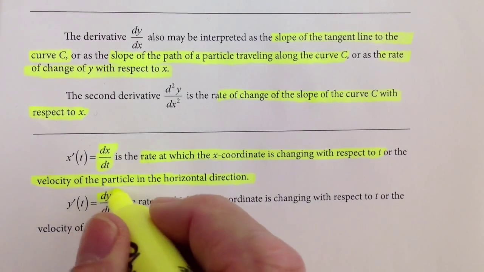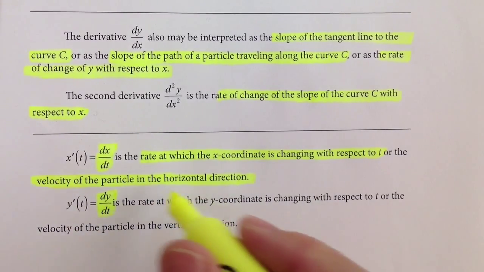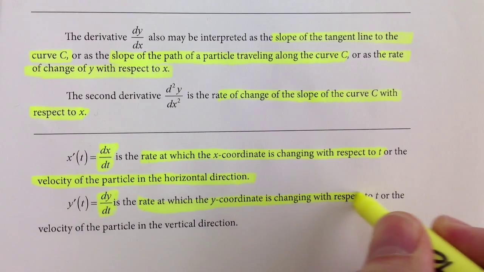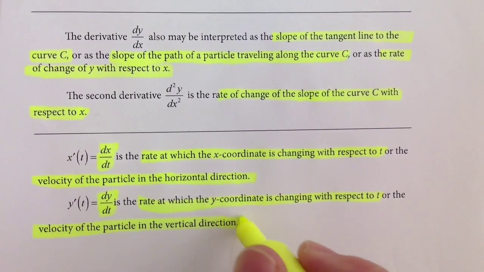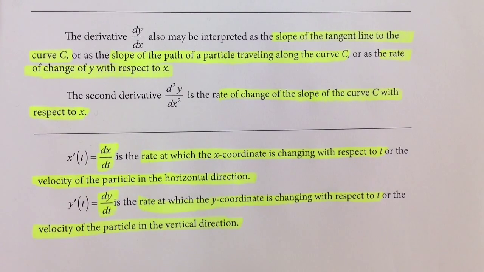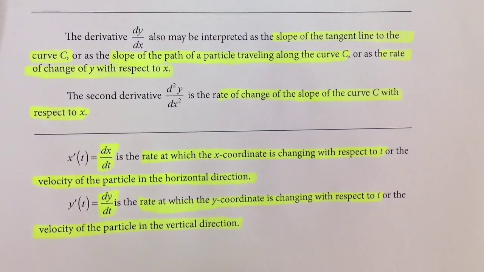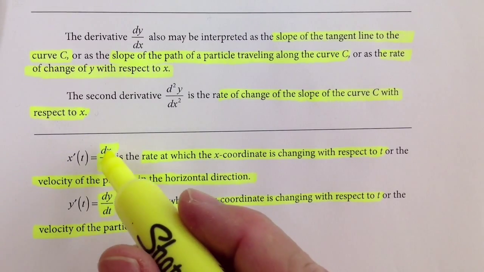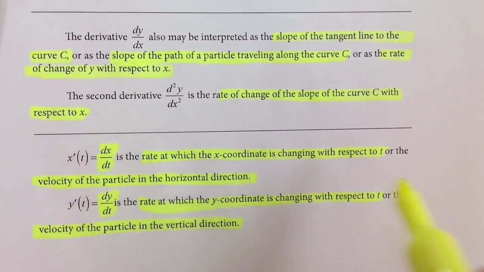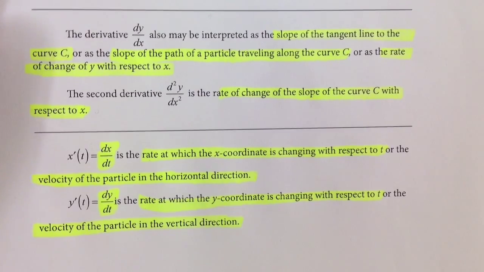Likewise, dy/dt is the rate at which the y-coordinate is changing with respect to t, or in which the velocity is changing in the vertical direction. So what's going on with dy/dt will tell us if the particle is moving up or down. The dx/dt will tell us whether the particle is moving left or right.